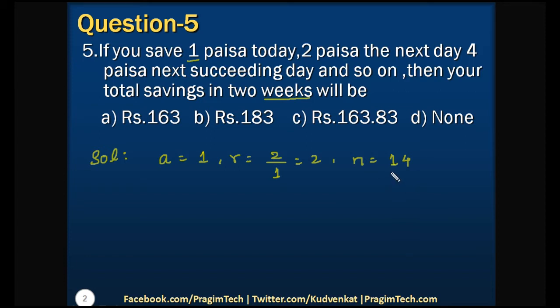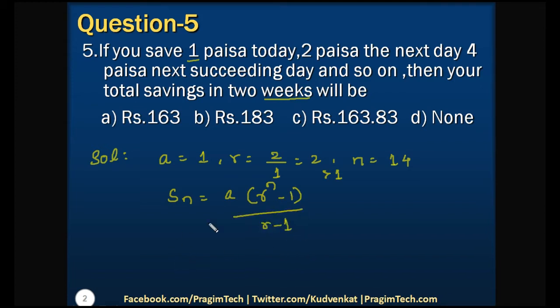Now we have to calculate the sum of the amount after 2 weeks. According to the sum of terms of a geometric progression, look at that, here the R value is greater than 1. So we consider the sum of terms of a geometric progression which is applicable when R is greater than 1, given by Sn equals A into R to the power of n minus 1 divided by R minus 1.